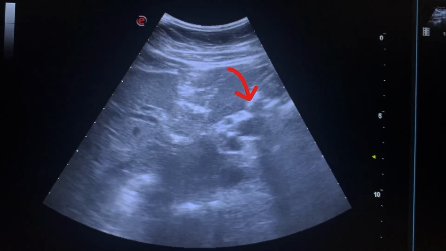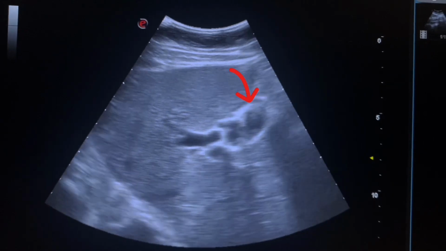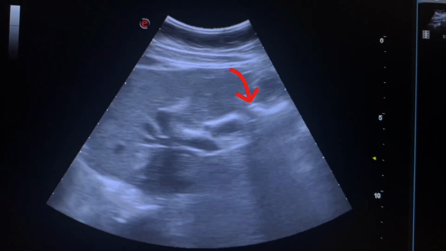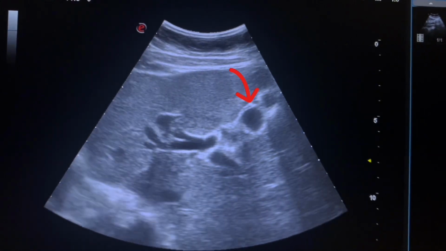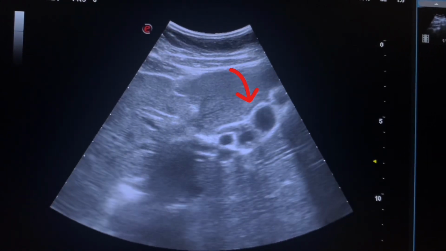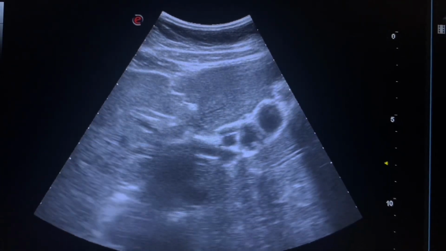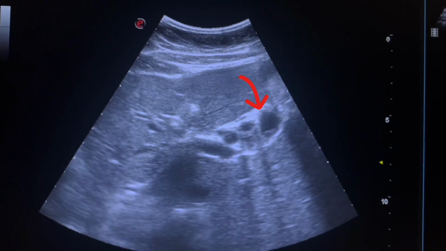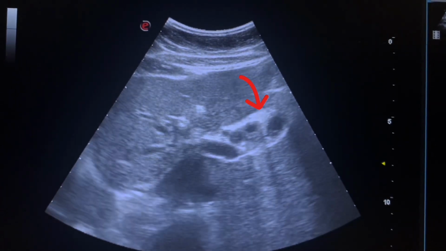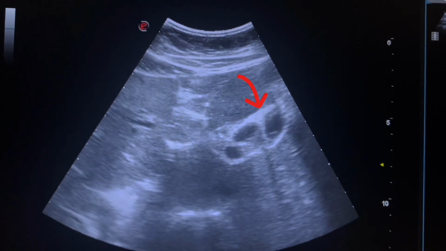Here at the mid-clavicular area, we see the gallbladder, which is partially contracted. And this is the junctional fold, which is present at the neck of the gallbladder.